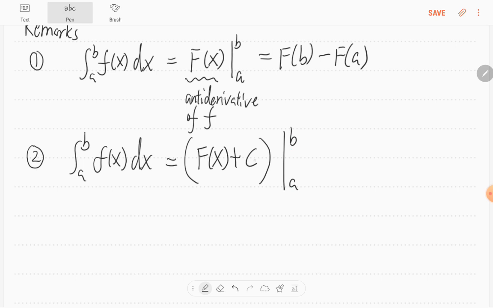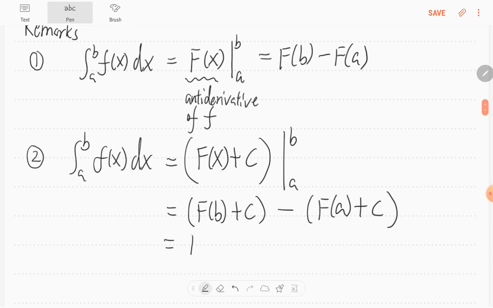By the definition, it is equal to the value at b and a. Then we plug in b minus plug in a, and you can see the answer is F of b minus F of a.